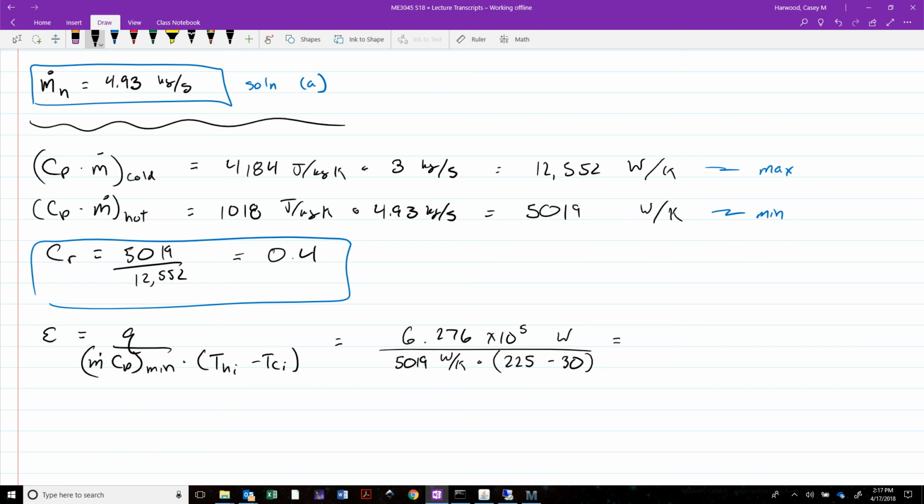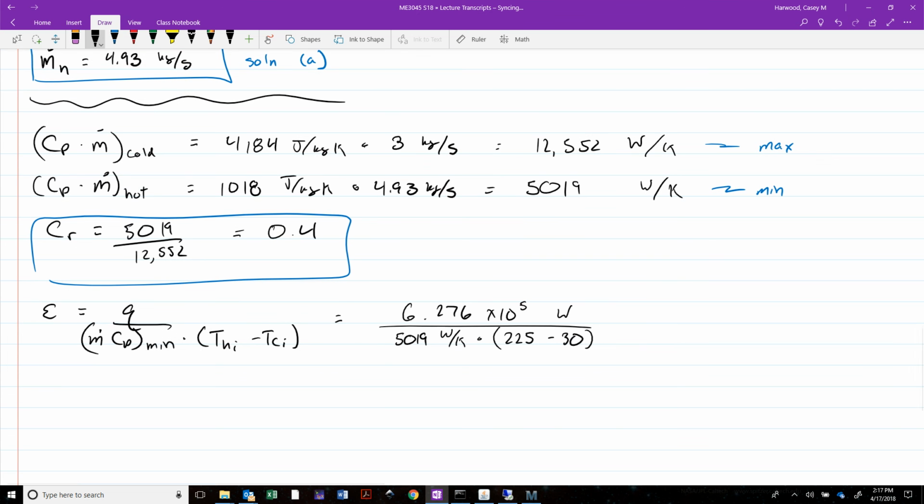Okay, and if we plug all these numbers in, what we're going to find is that epsilon is equal to 0.641. Okay, so there's our solution to part B.